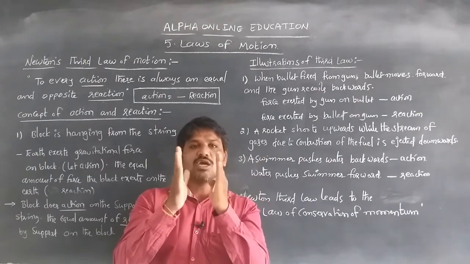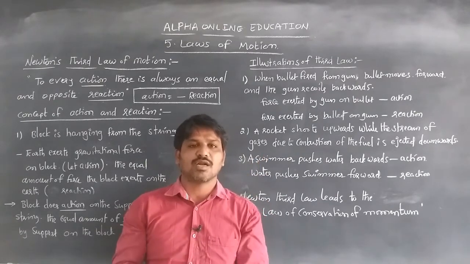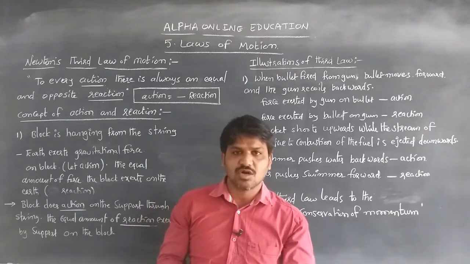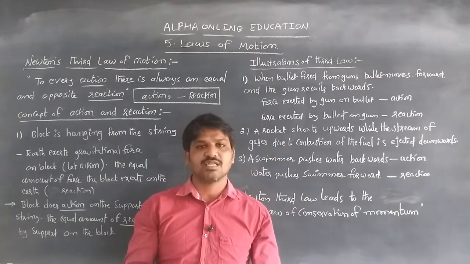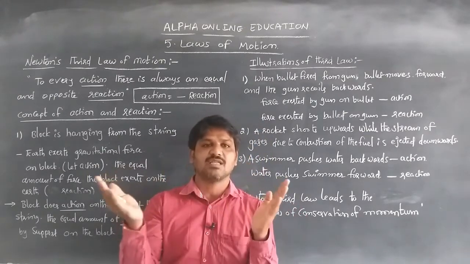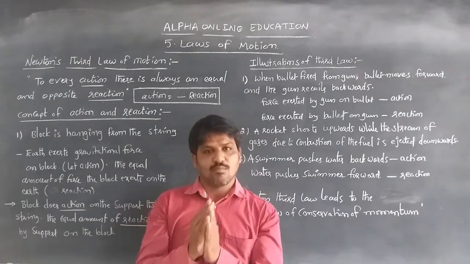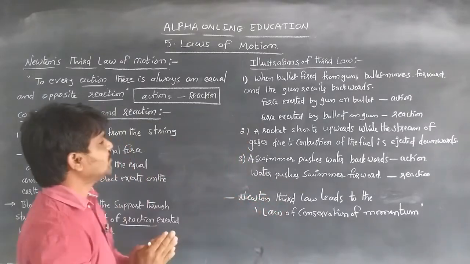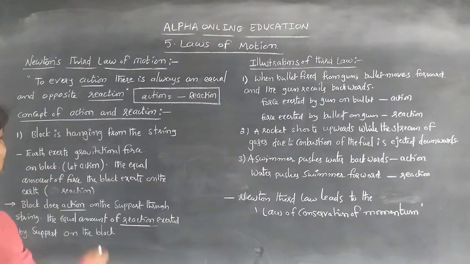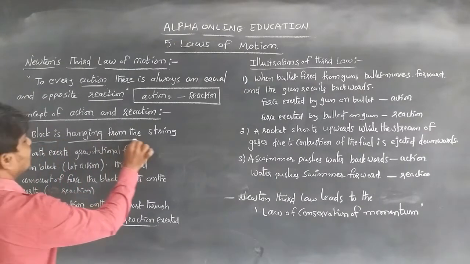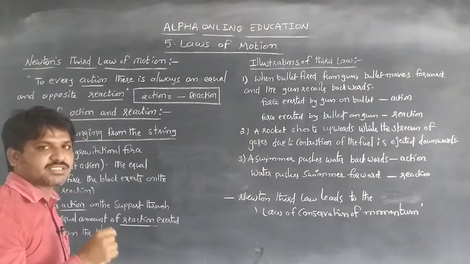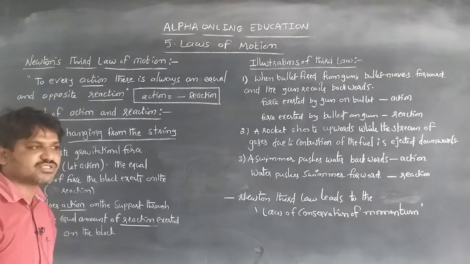This is the two-body method. Action and reaction do not happen in one body. So here we look at some applications and examples to better understand what action and reaction are and how the forces act.